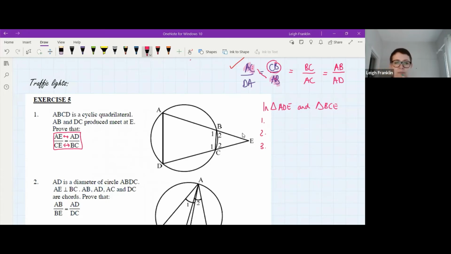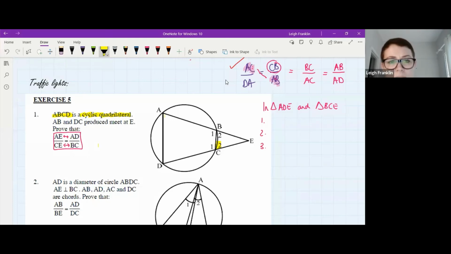The only information they've given me is that ABCD is a cyclic quad. What do you know about cyclic quads? Exterior angles are equal to the opposite interior angle. Great. So angle C2 over here is an exterior angle of the cyclic quad.